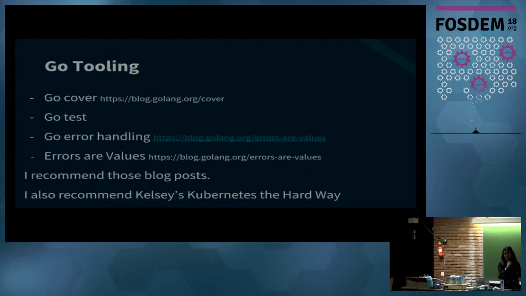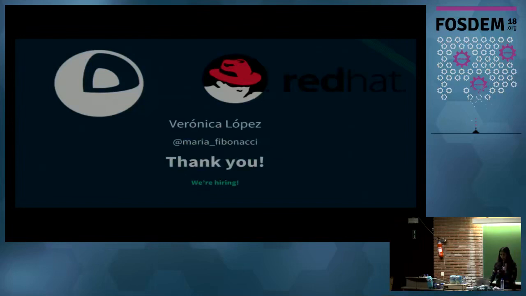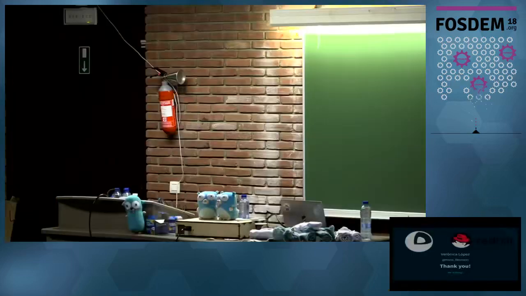For all of the reasons that you can find at any Go talk, like the simplicity, the syntax, etc. I also recommend Kelsey Hightower's Kubernetes the Hard Way, not as an introduction or anything like that, but as a means to really understand what you're doing. Even if you don't get to do your own Kubernetes distribution, just to know how it works and how to fix things.